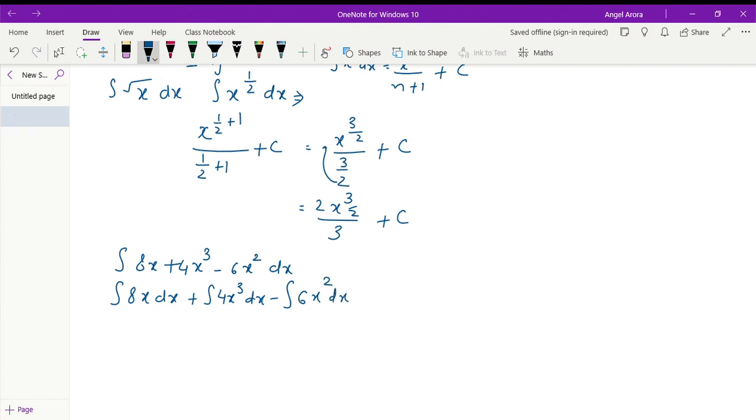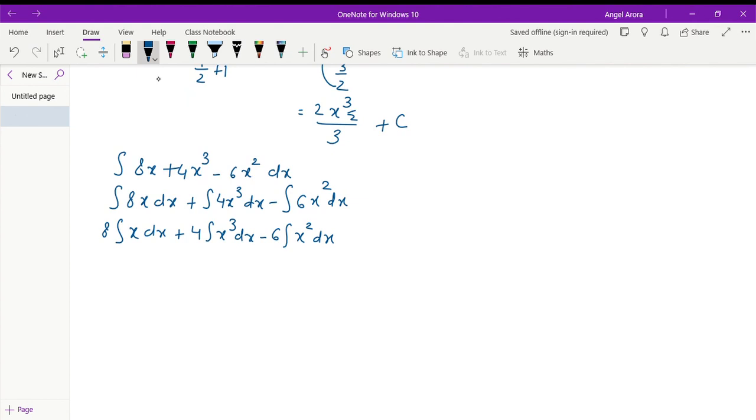We can move the constants 8, 4 and 6 to the outside of the integral. So we will write it like this: 8 integral of x dx plus 4 integral of x cube dx minus 6 integral of x square dx.